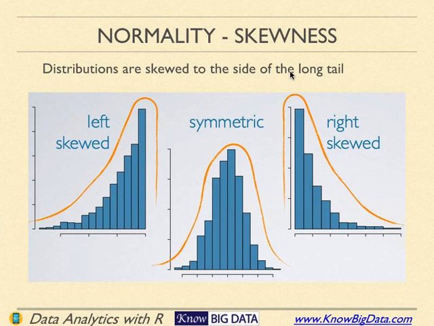I'm sorry, there is so much data on the right hand side, and on the left hand side there's a big tail. If there's a big tail on the left hand side, we call it left skewed. Symmetric means it's symmetric on both ends. Right skewed means there is a long tail on the right hand side.